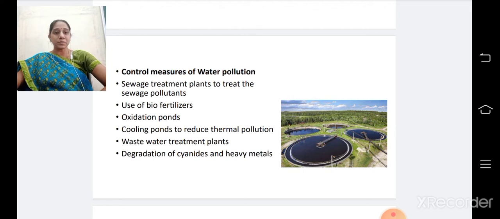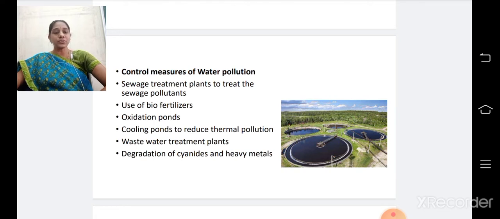Cooling ponds to reduce thermal pollution. See what happens in industries. Very hot solutions they pour into ponds. What happens? The aquatic organisms die. So to avoid this, cooling ponds are very useful to reduce thermal pollution.